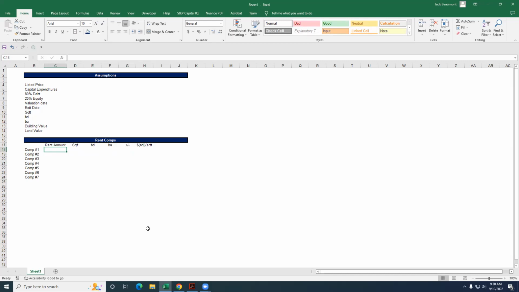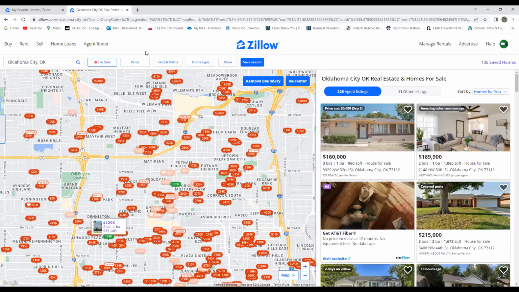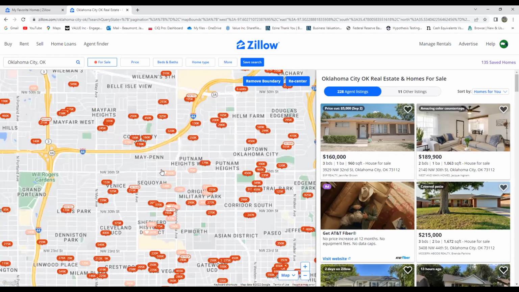Okay, so this next part we're looking at is, okay, so I'm going to have to do a new share. Okay, so hopefully that's working here and this is clear. So I'm on Zillow now, and I've already picked the property.